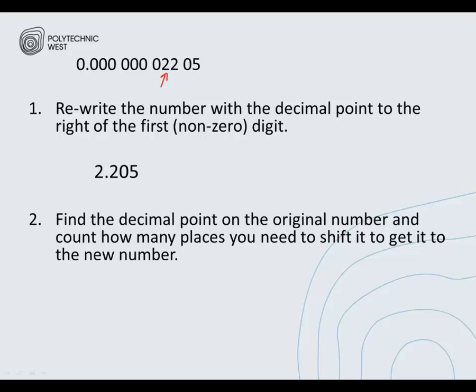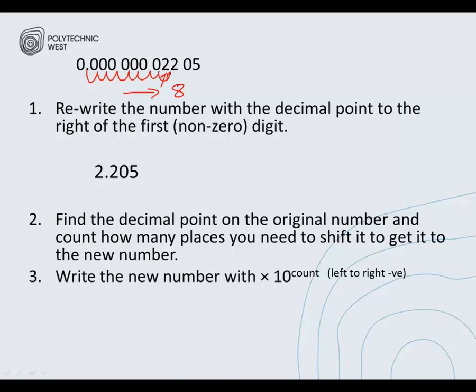So there's the decimal place. We go 1, 2, 3, 4, 5, 6, 7, 8. And we went that way by 8. So we now write times 10 to the power of how many we shifted it, which was 8.